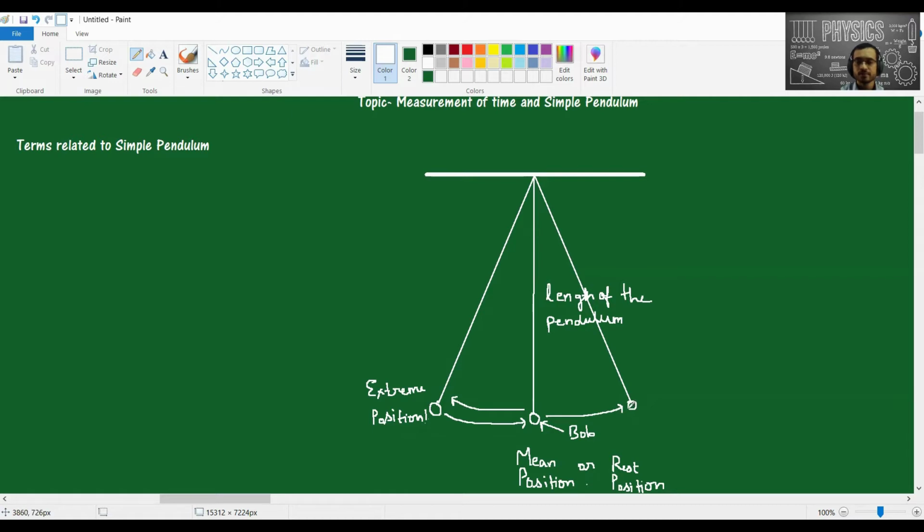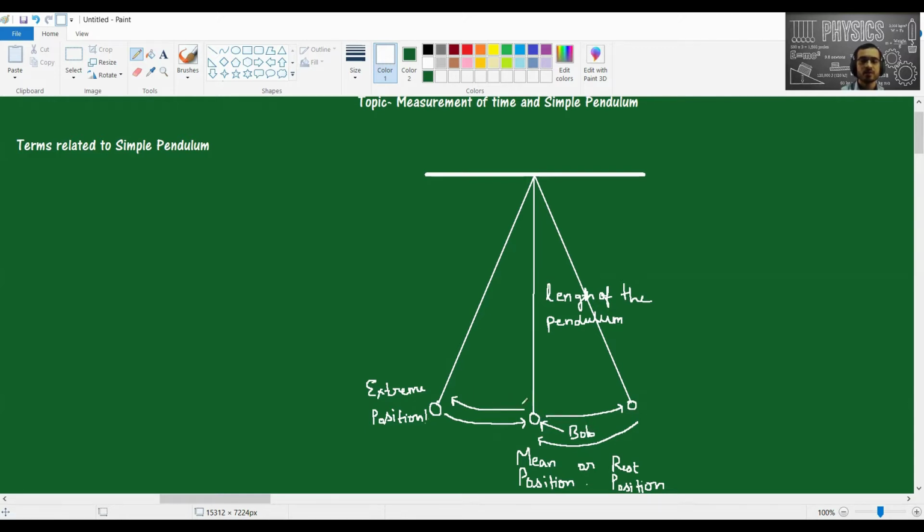It means it will reach up to the same height. Then from here, it will go back to the mean position. Now it has completed one complete to and fro motion.